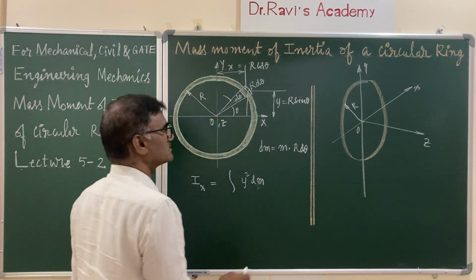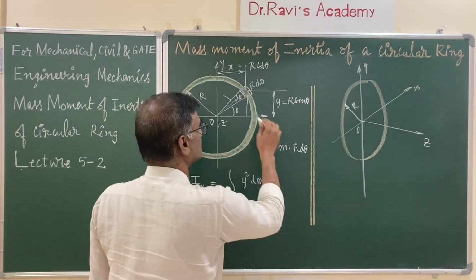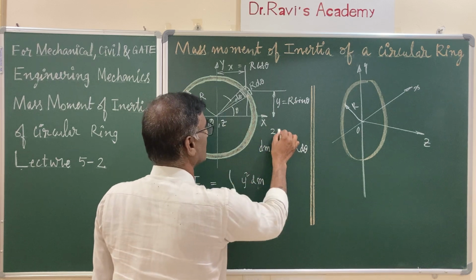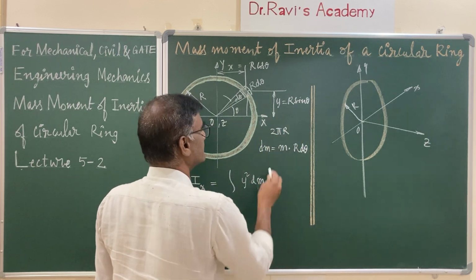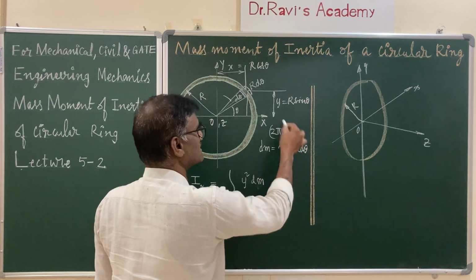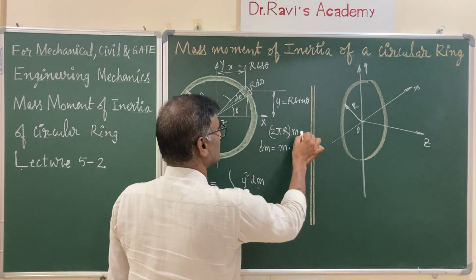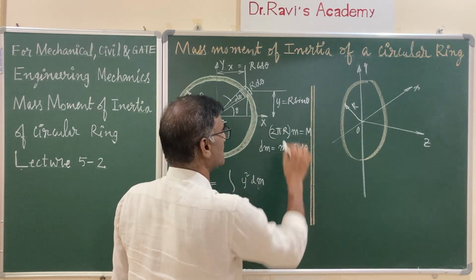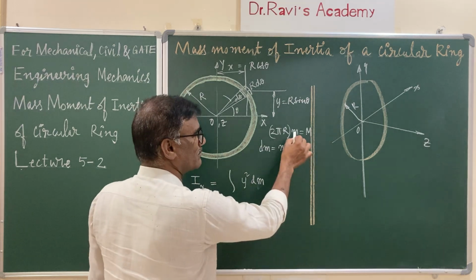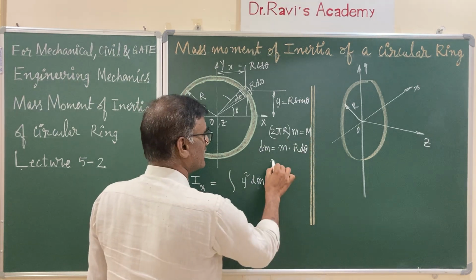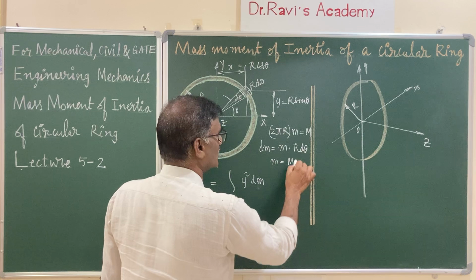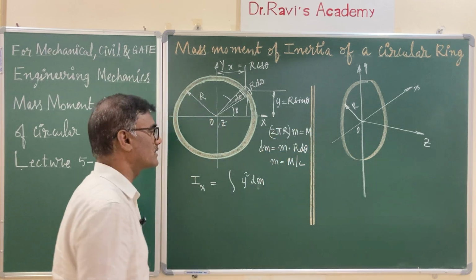Now let us assume that the circumference is 2 pi r. If you multiply the total length by the mass per unit length, you are going to get the total mass. Here m is the mass per unit length, so you will be using this particular notation.